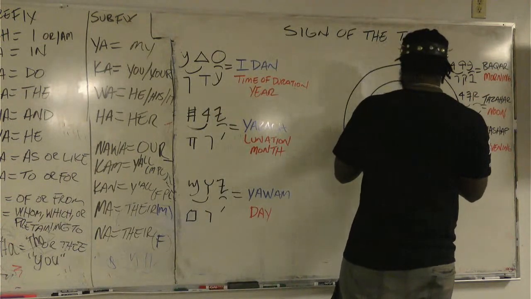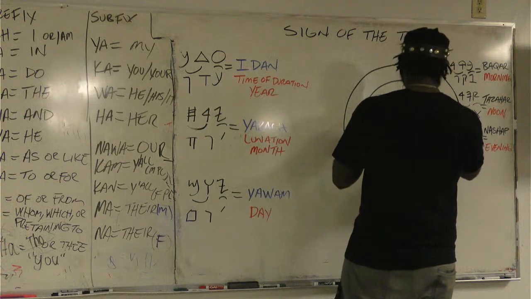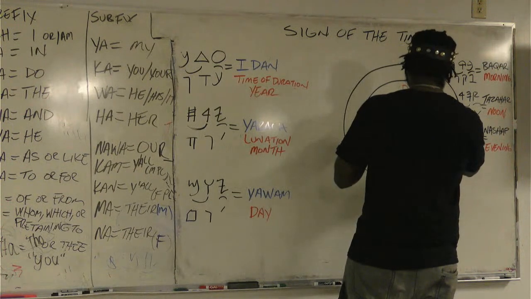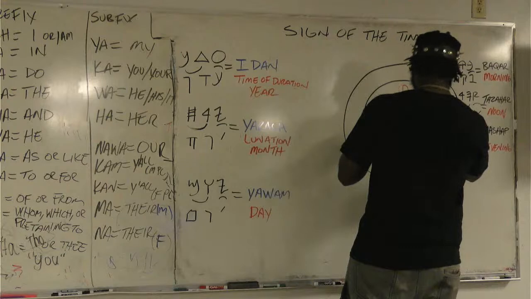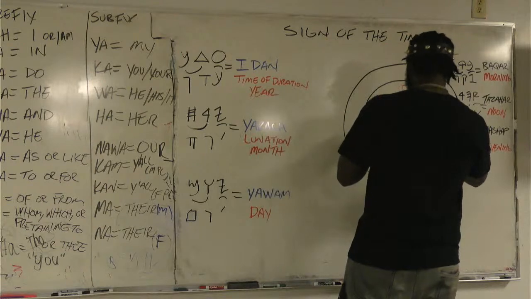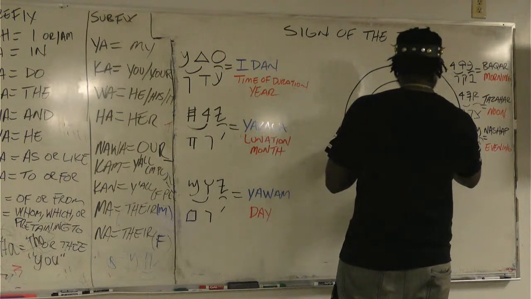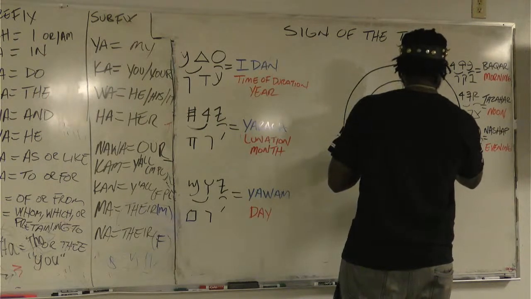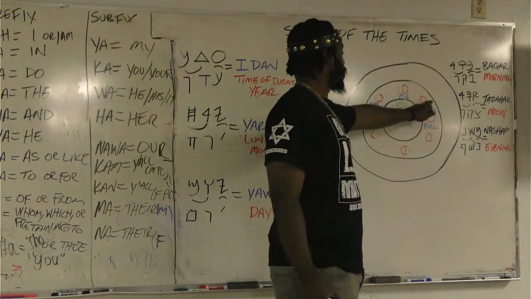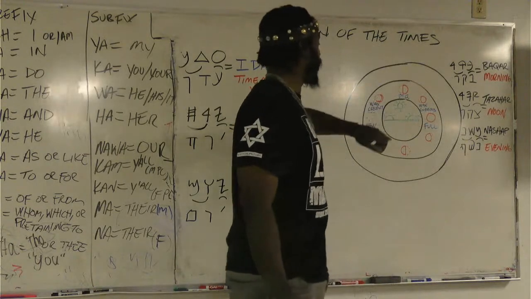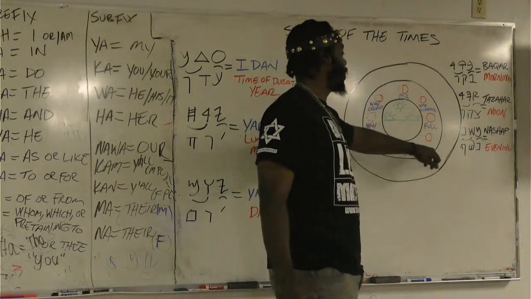Then you have a waxing gibbous. The waxing gibbous is the polar opposite to the waxing crescent on both ends.